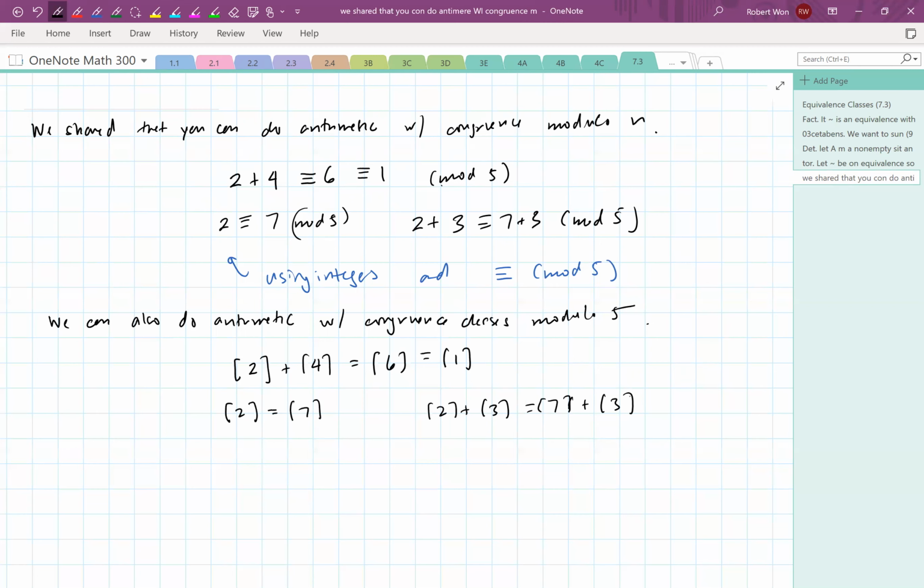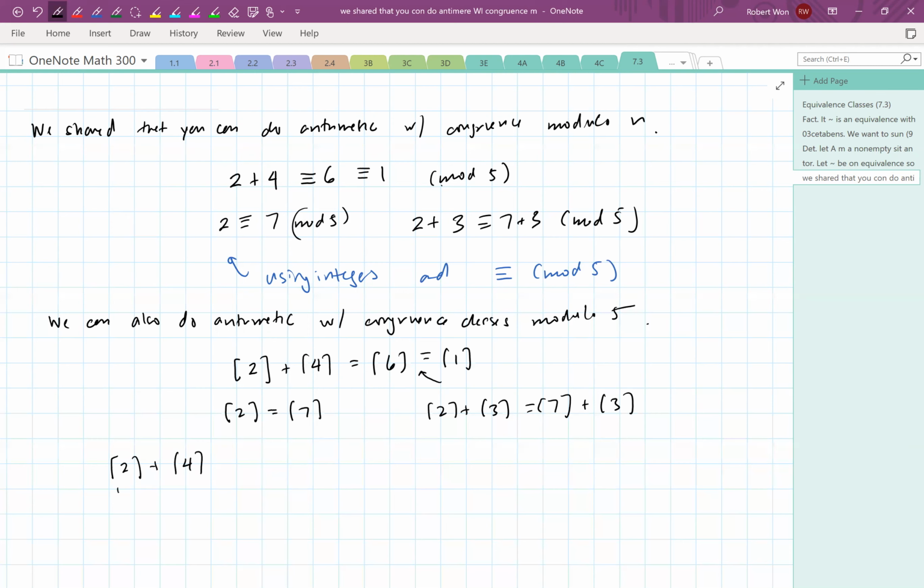Now, what I'm saying is it seems like we should be able to do this. Certainly this equality is fine because the equivalence class of 6 is the same thing as the equivalence class of 1. What's bad here is I just wrote this down, but technically what I've written down doesn't make any sense because I haven't defined an operation on these two sets.